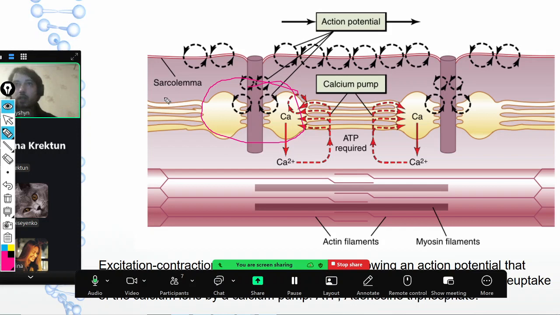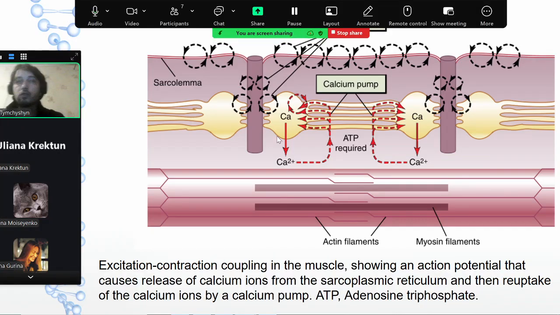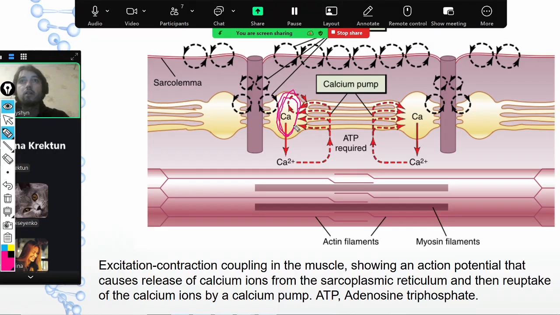You might guess that this is the sarcoplasmic reticulum. It has this interesting form. These are the terminal cisternae of the sarcoplasmic reticulum.